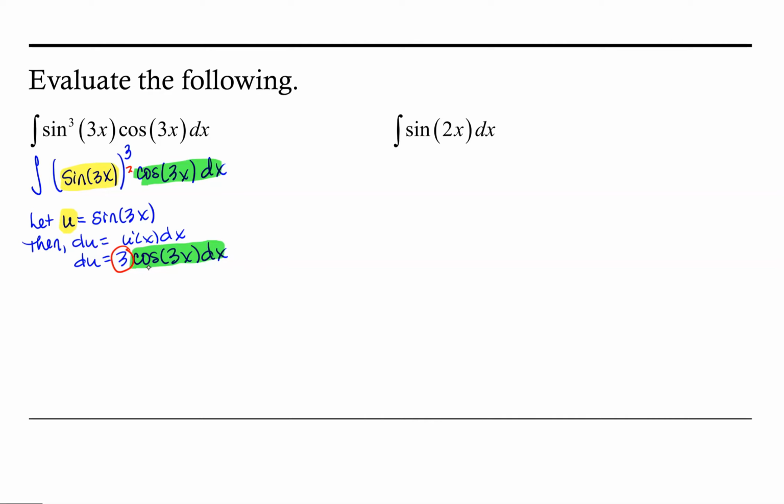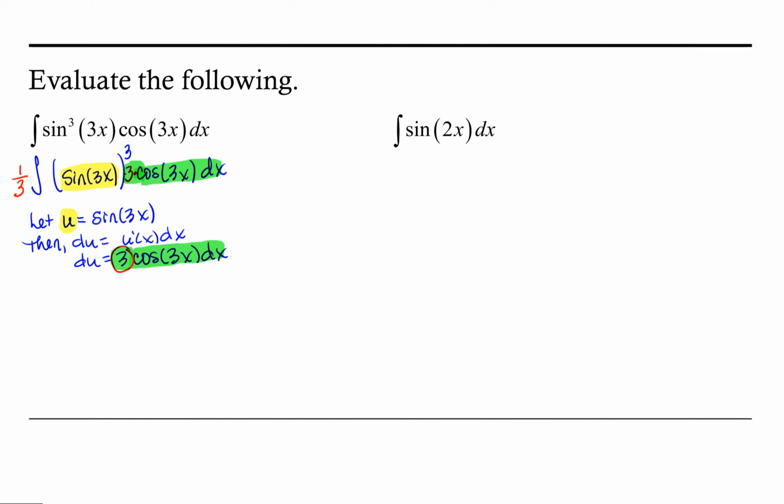And I'm going to multiply by 3 here. This works because multiplication is commutative, so it really wouldn't matter where in this multiplication process I put the 1/3 or the 3. And same with the 1/3, so I'm going to write the 1/3 in front. So now I have a complete differential du.